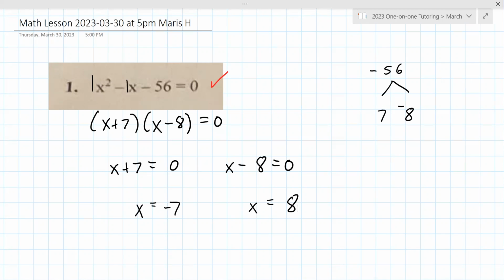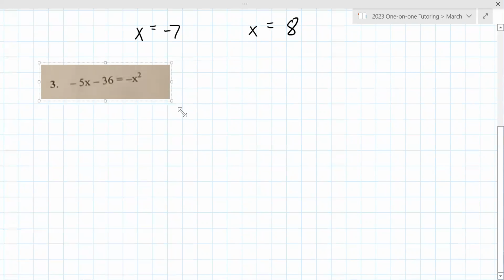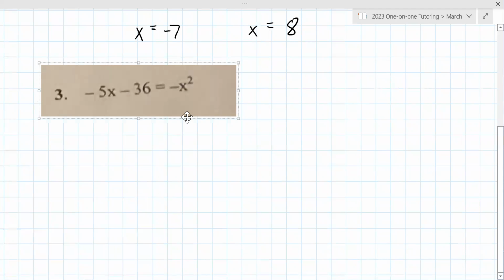All right, let's do 3 next. We'll come back to 2. 3 is more like number 1. So you do have to get everything on one side of the equation. In this problem, we're going to add x squared to both sides. And that gets you a positive x squared. You really want x squared to be positive.